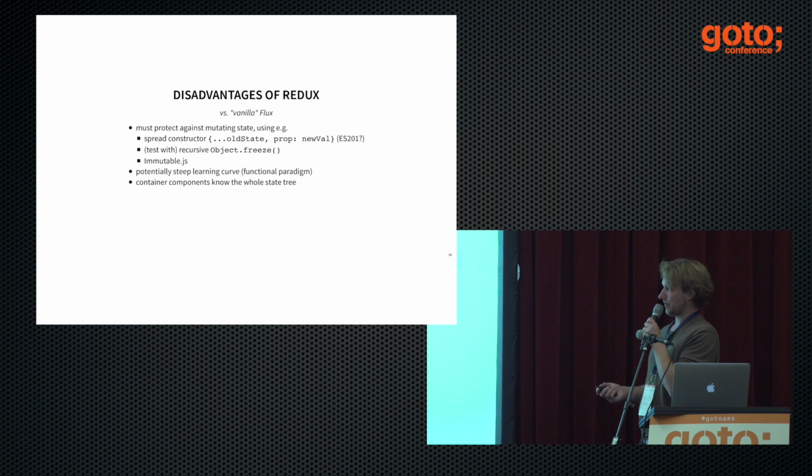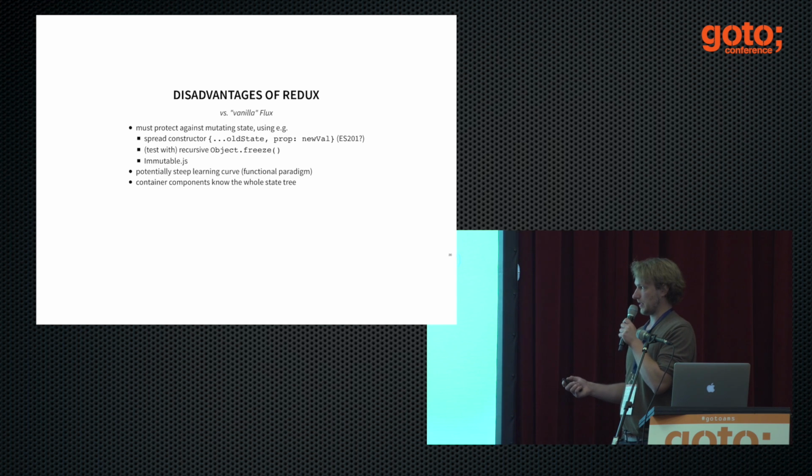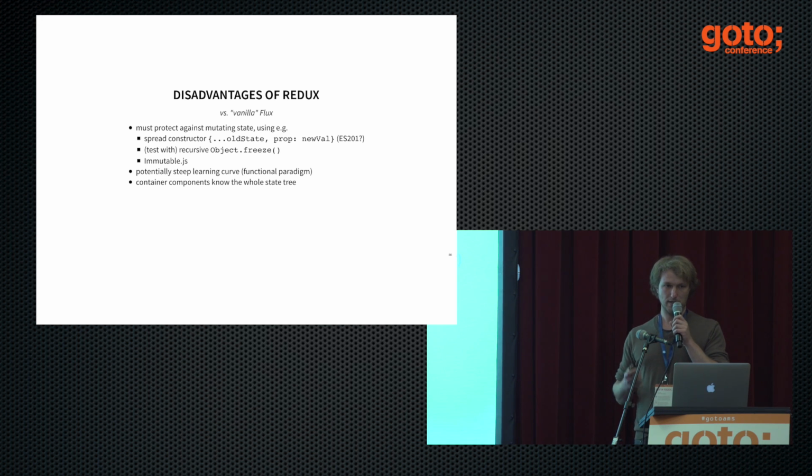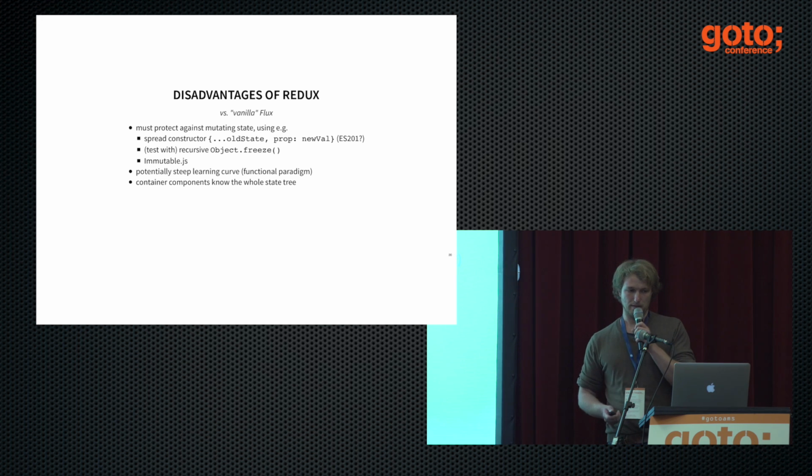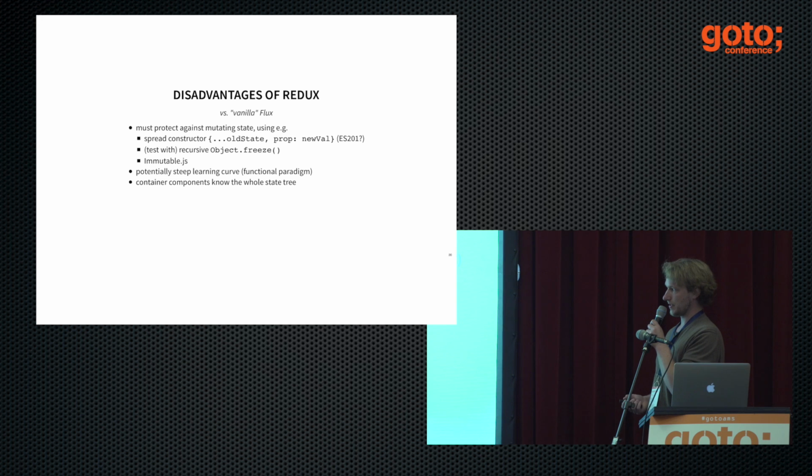For example, you can use a transpiler such as Babel, which allows you to use the spread constructor. So you can take an old object and create a new object where some property has been updated or added. Or you go the hard way and call Object.freeze on your entire object tree recursively. But I would suggest doing this only for testing, because it has a heavy performance impact.